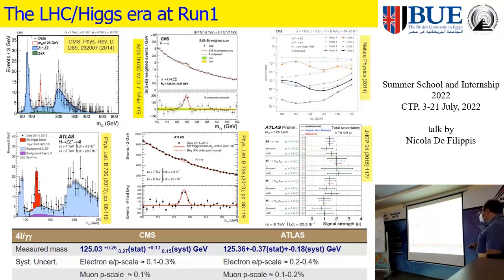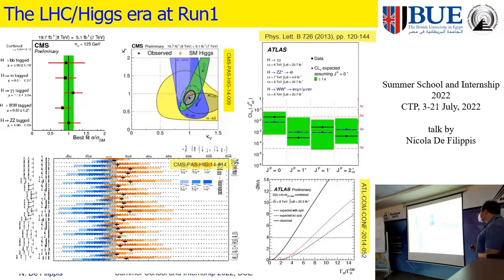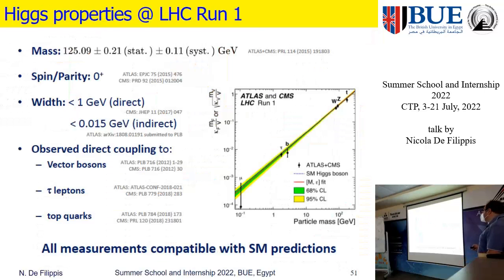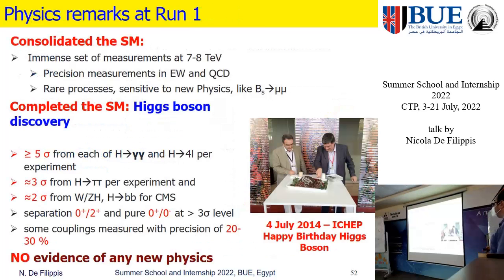Well, many measurements were done. The Higgs was discovered also in other decay channels, and I will mention that. For example, we had evidence of the Higgs for the H to tau tau decay with more than 3 sigma.